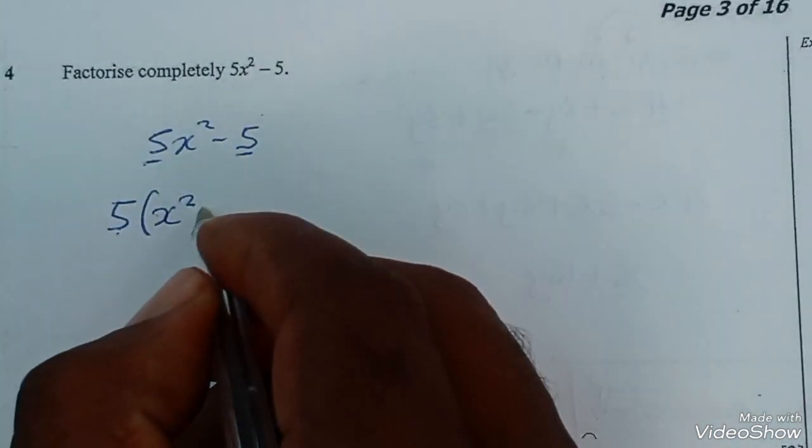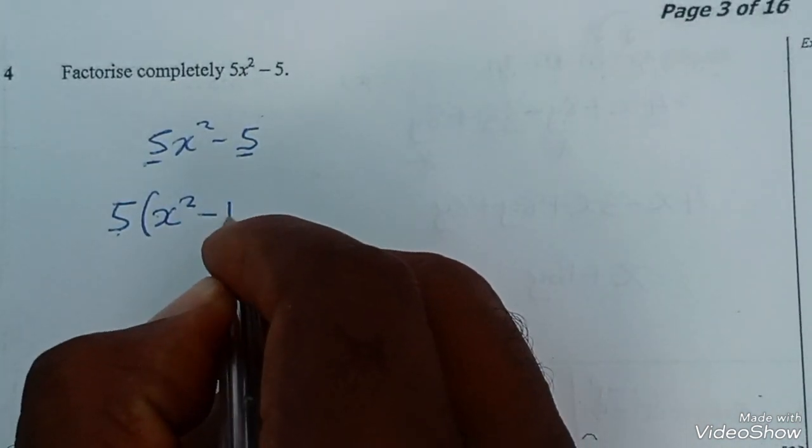So we are going to factor out 5. So 5 will come out, then we'll open brackets, then we divide 5 into 5x squared, that is x squared. 5 into 5 is 1. Okay, so remember that 1 is a perfect square number.